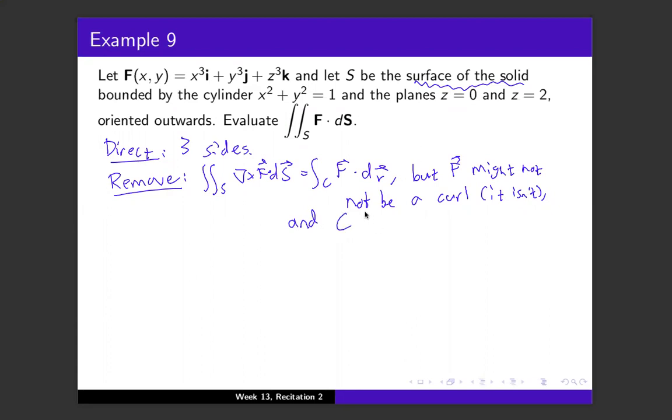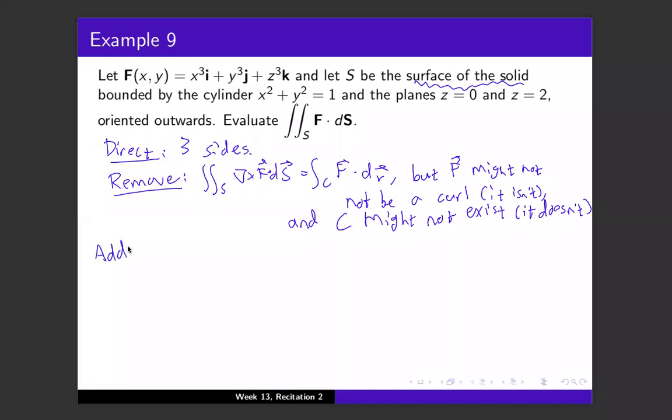And the boundary curve might not exist, and in fact, it doesn't. It's the surface of the solid, and that surface has no boundary to begin with. There's no edge to the surface.